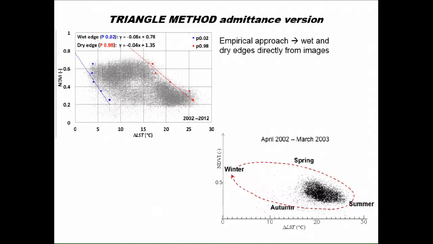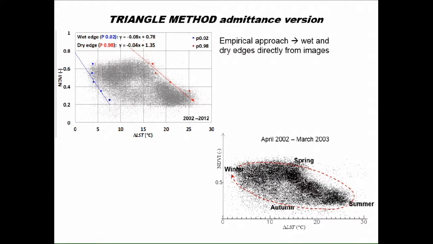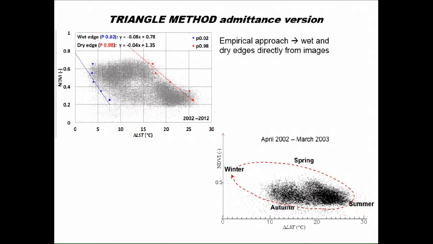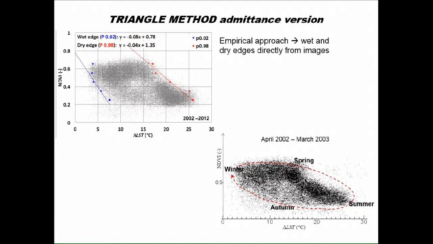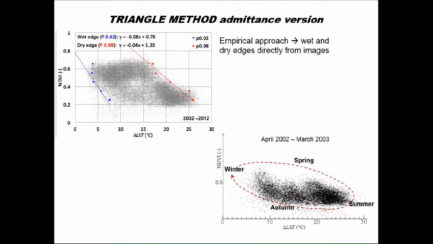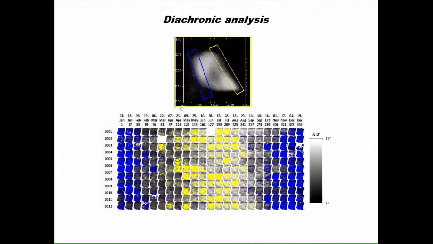If you want to apply this method on a small area, then maybe a solution is to look at the multi-temporality of the data. And if you look at the multi-temporality, the pixels are going to move like this with the season. Okay? And it's not simple to define which are the dry and the wet edge.